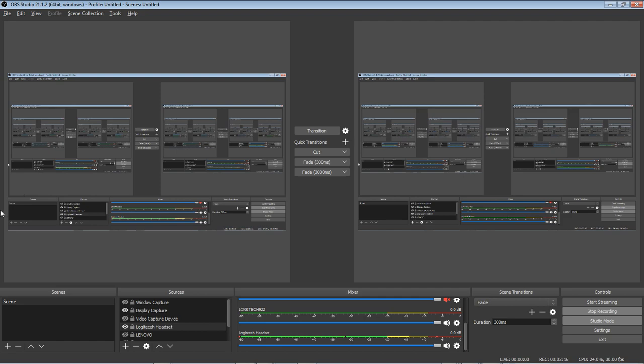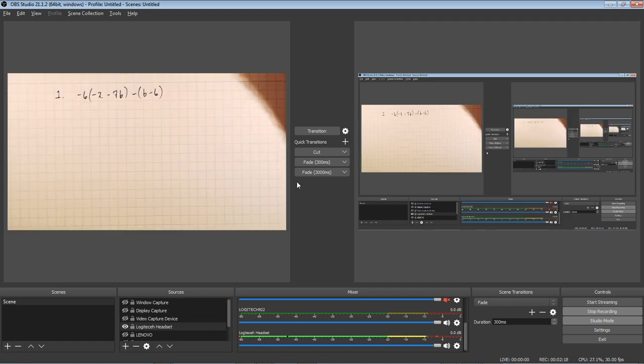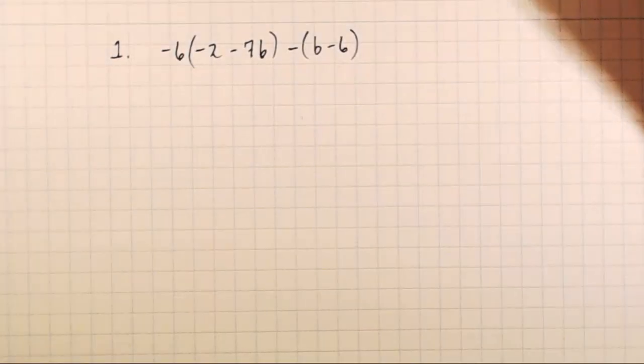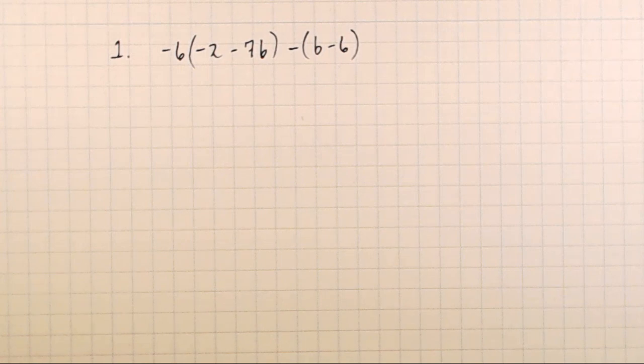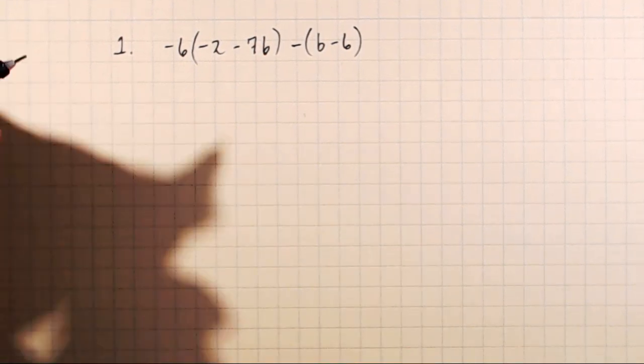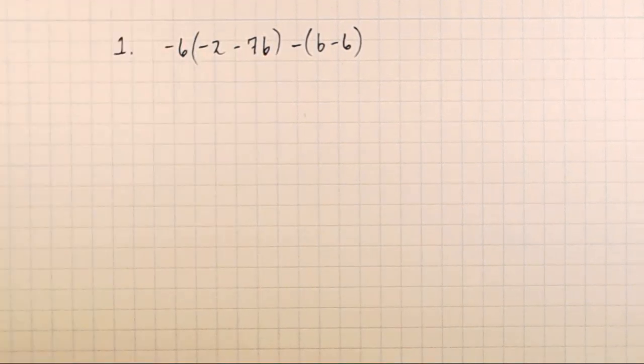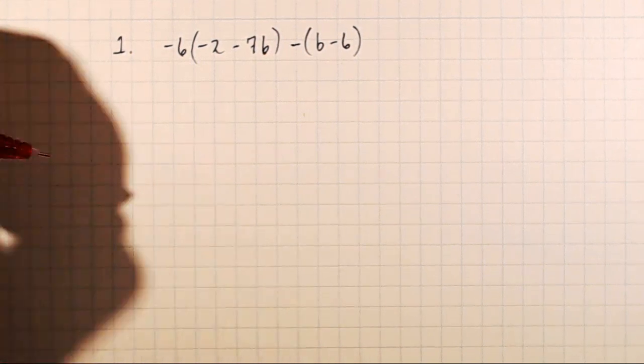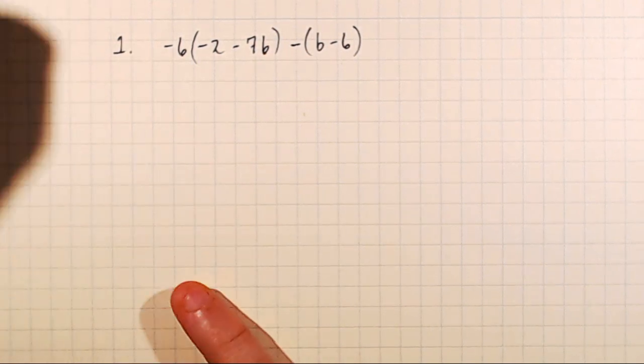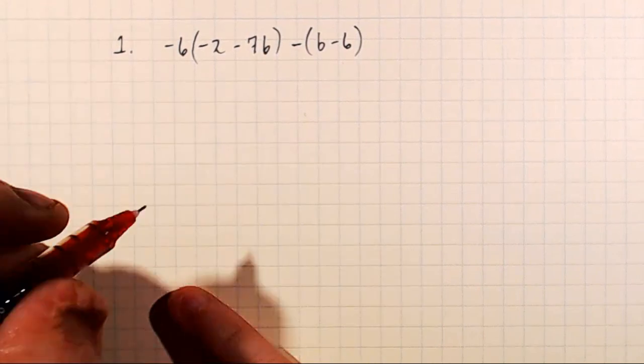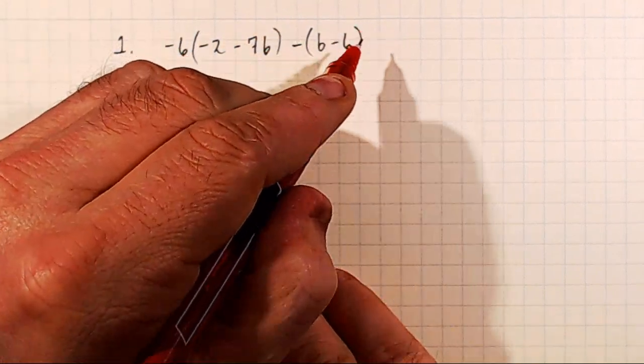Okay, let's go back to our workspace. And here's the problem. So we're going to simplify this. Now to simplify, what I need to do is focus on my order of operations, the first of which is parentheses. So I have to deal with these two parentheses here.